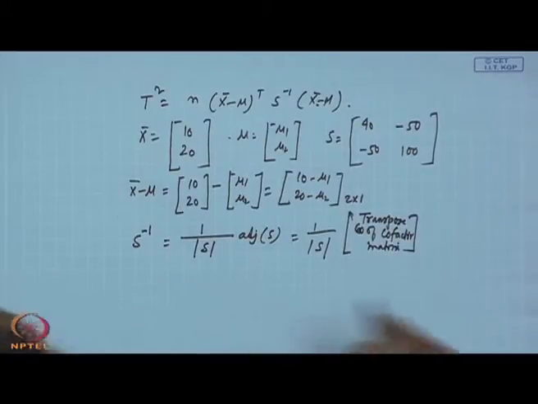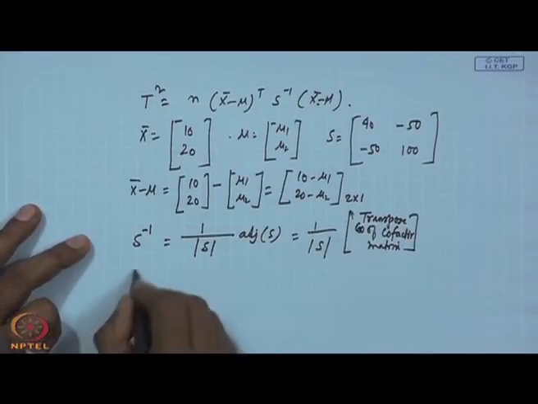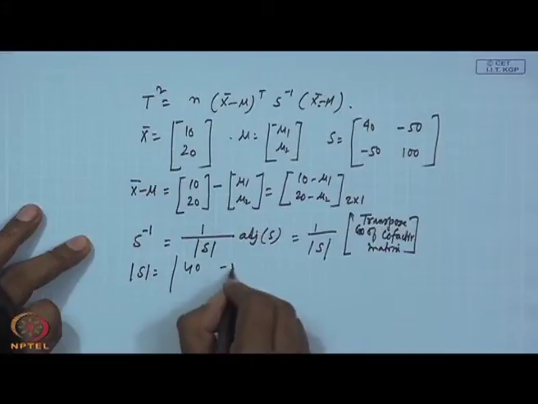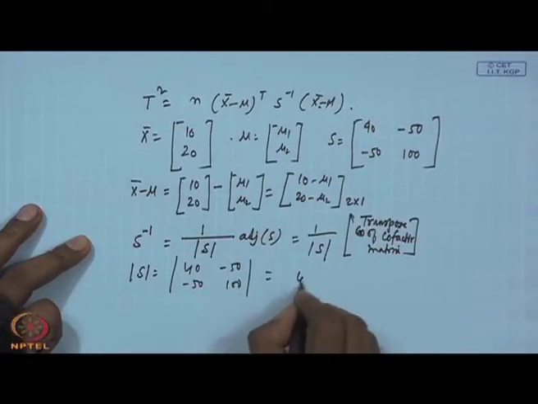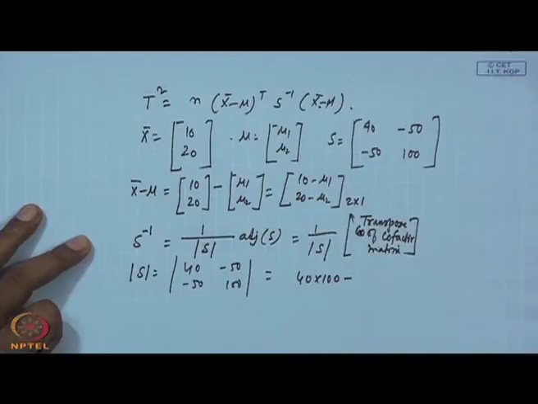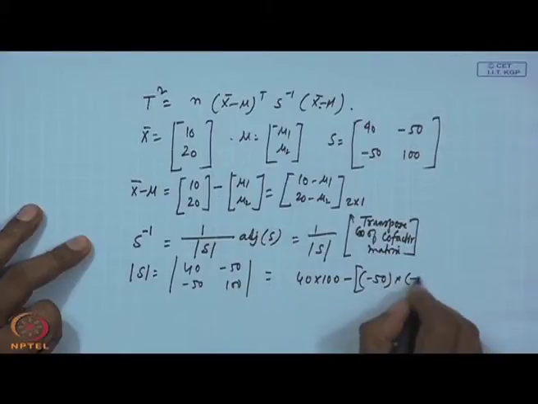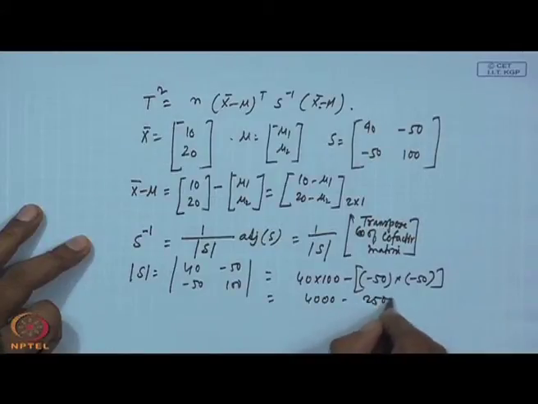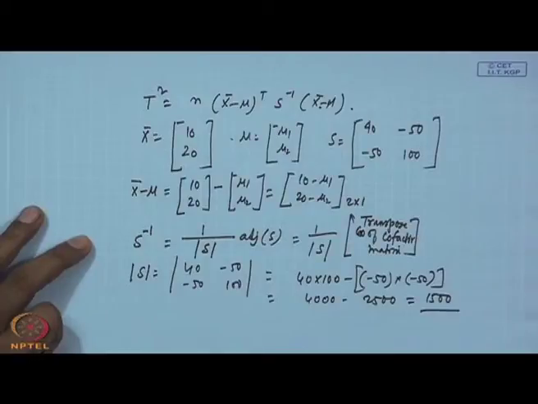Anyhow, we will see this. So, the determinant of S is the determinant of 40, minus 50, minus 50, 100. This will be 40 into 100 minus 50 into minus 50, so 4000 minus 2500, which will be 1500.